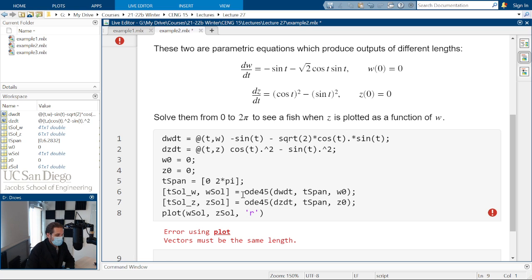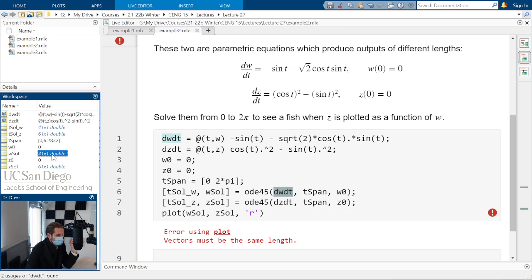This gets back to that idea of ODE45 is generating some output vectors, but you can't control how long they are by default. If you just tell it, give me some values from 0 to 2 pi, it found out that in order to solve dw dt, if you look over in your workspace, it needed 41 elements for that. So if you look at your W sol, it's a 41 by 1.